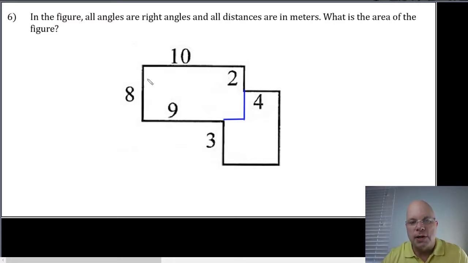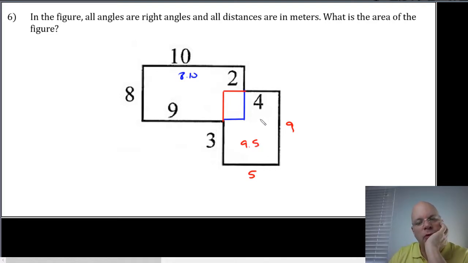You could complete this 8 by 10 rectangle, and then you could complete this rectangle like this, and this one would be a 9 by 5, I believe.